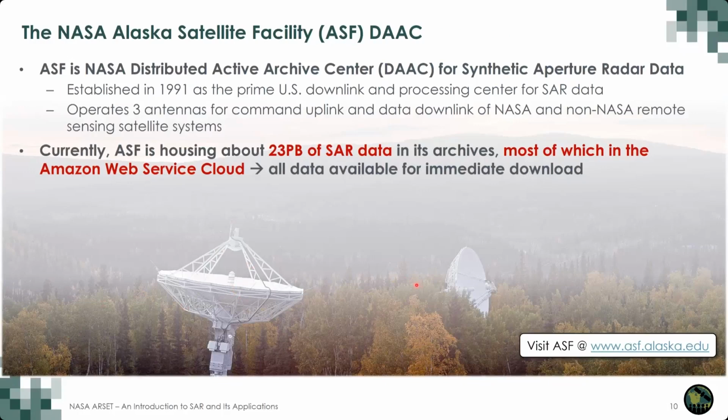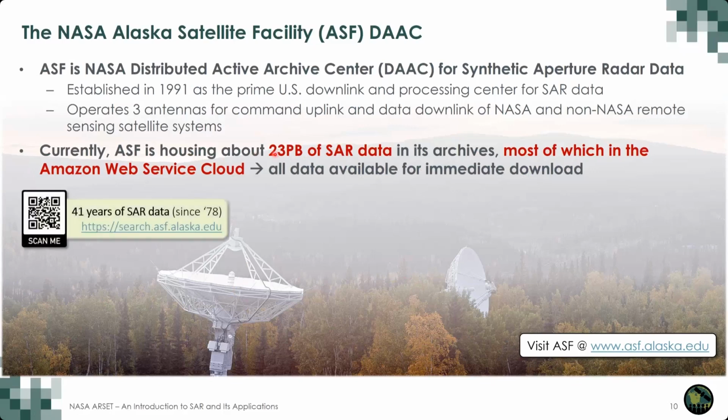But we also are the data center itself, and currently ASF is housing about 23 petabytes of synthetic aperture radar datasets in its archive. Most of these datasets are sitting in the cloud through a partnership of NASA with the Amazon Web Services cloud. So all of our datasets are available for immediate download and immediate use.